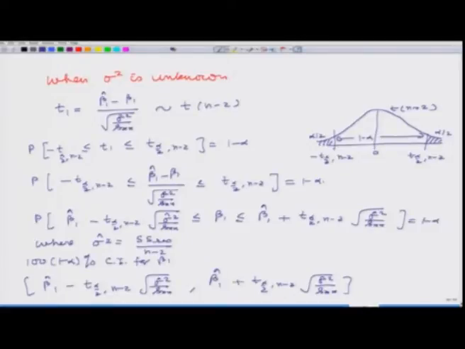Here again you can see that the value of beta 1 hat can be obtained from the given set of data, sigma square hat can be obtained from the data, Sxx can be obtained from the data, and t alpha by 2, n minus 2 is the alpha by 2 percent point of the t distribution, and its value can be obtained from the t table. So, this interval can be obtained on the basis of the given set of data.